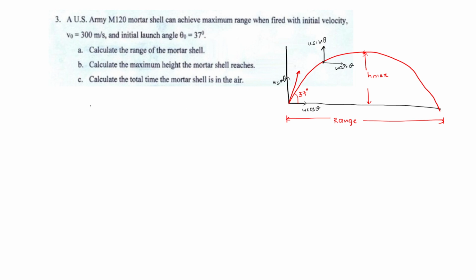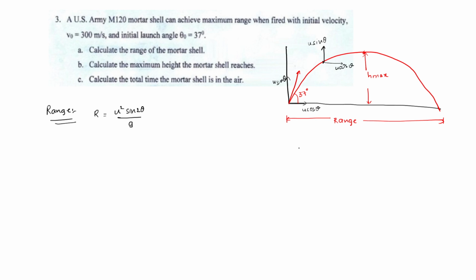Now coming to range. Range is nothing but the horizontal distance traveled. It is given by the formula R equals u squared sin 2 theta by g. But wait, I will also show you how this formula arises.